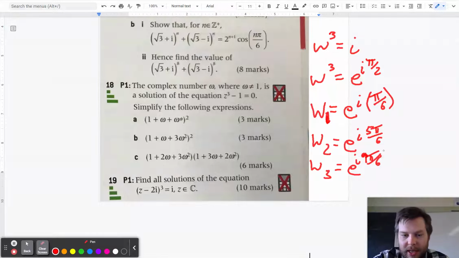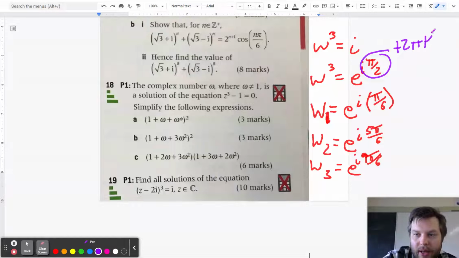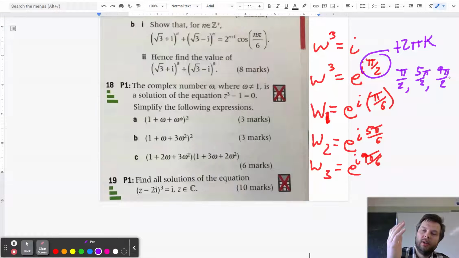What I'm doing each time is taking the original angle of π/2 and adding 2πk to it, because that gets you to the same location over and over again. Adding 2π is a full circle. So my three angles are π/2, 5π/2, which is equivalent, and 9π/2. Those are the three possibilities for w³. If you divide each of those angles by 3, you get w1, w2, and w3.